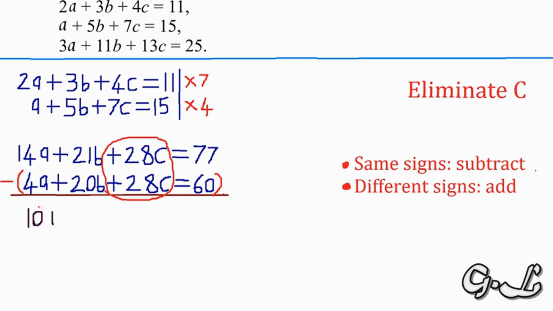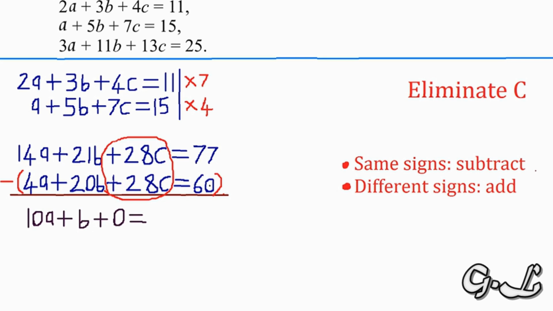14a minus 4a will give you 10a. Again, 21b minus 20b will give you b. And then 28c minus 28c will give you 0. So this is what we were saying.